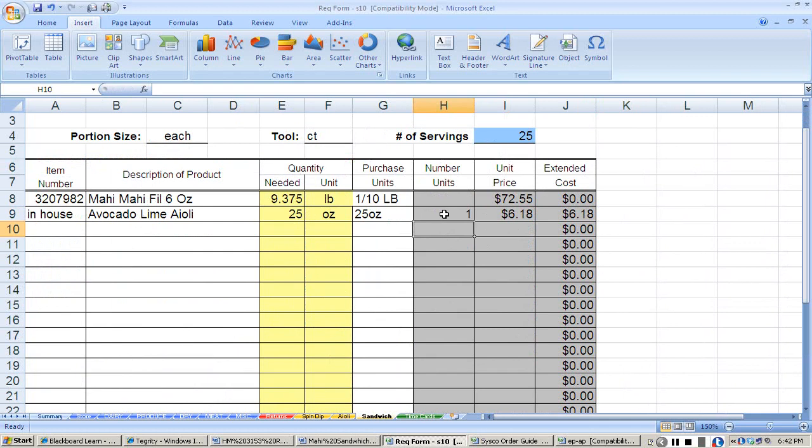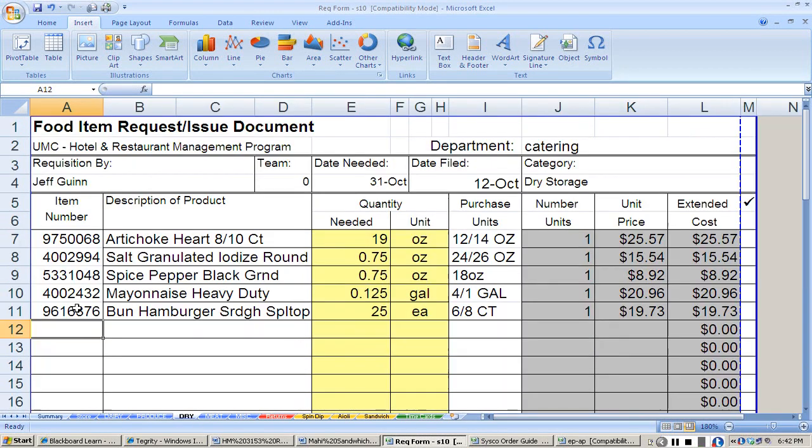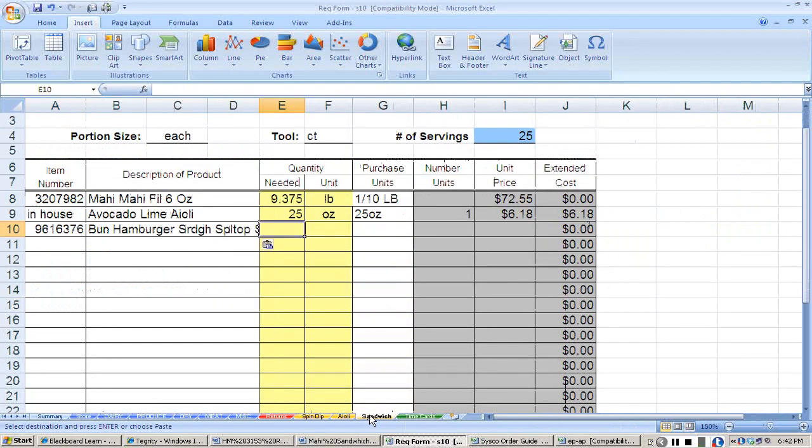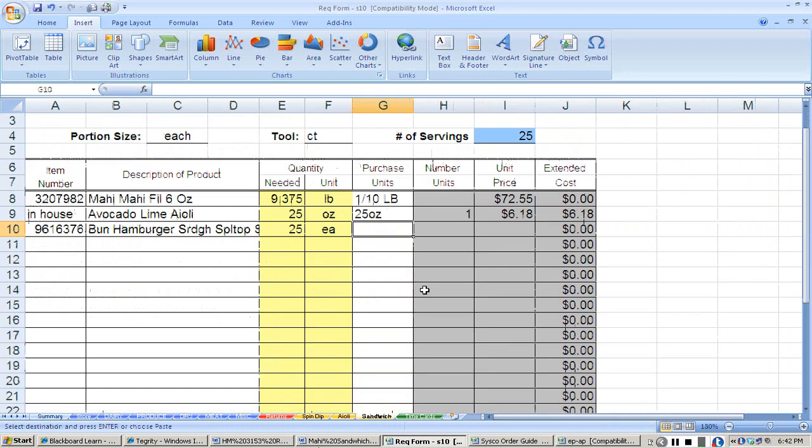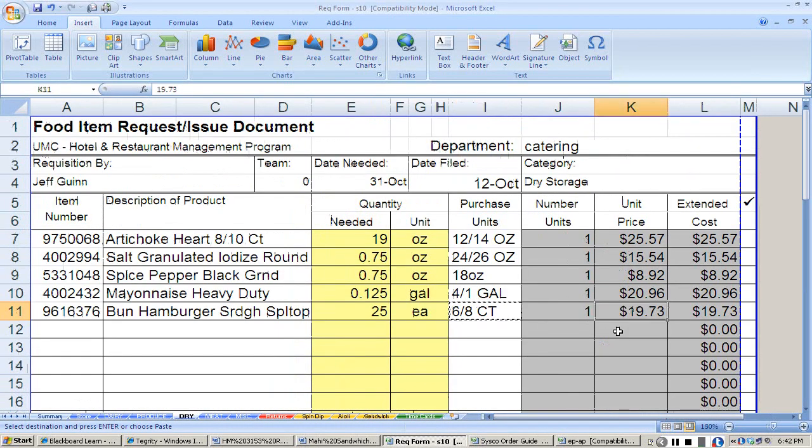Alright, so next was the buns, the leaf lettuce, and the onions. So the hamburger buns, each. That was 6/8. Price, $19.73.